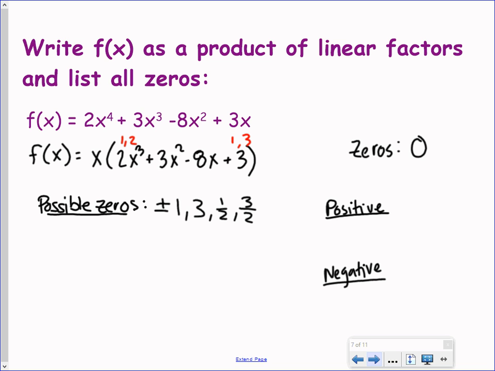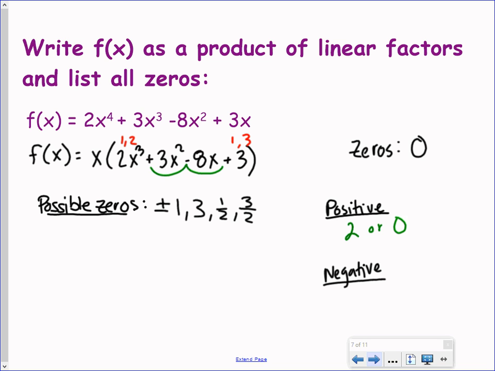That would just reduce the amount of work I do. So when I look at this f of x, 2x cubed plus 3x squared minus 8x plus 3, I can ignore the x I've already factored out. How many sign changes do you have right there? 2. So you have 2 or 0 positive zeros.